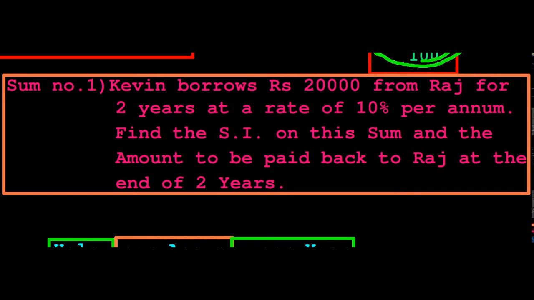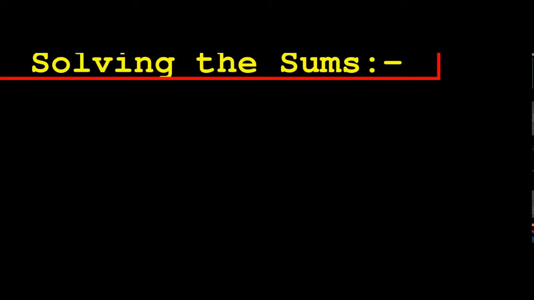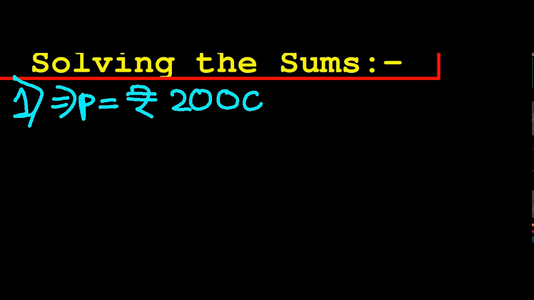Okay friends, so let's start this sum. Let's write here. Sum number 1. In that sum the principal, the sum of money, is equal to rupees 20,000.